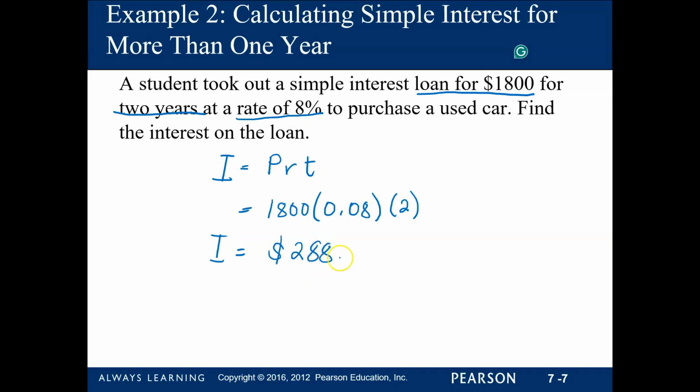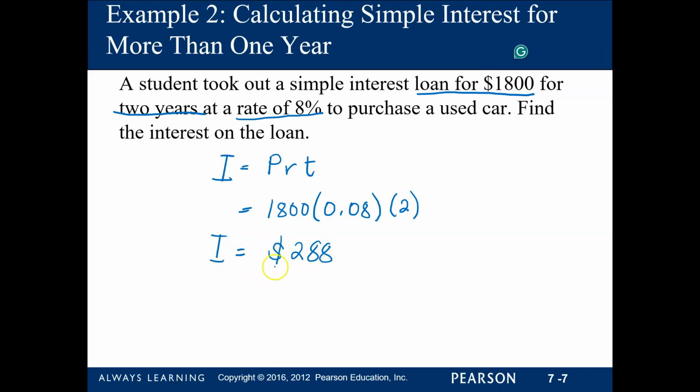So what does that mean when it comes to loans? This person borrowed 1,800, but will he return 1,800 to the loaner? No, because the loaner is lending him the money. So there's sort of like a rent, because they are using the money.